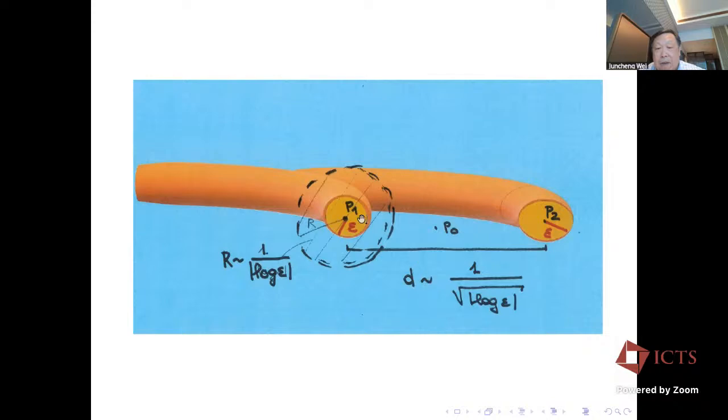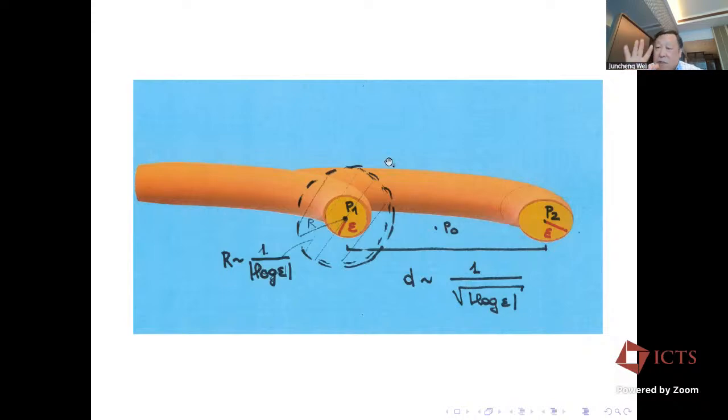In the most inner part is order epsilon, but then in the intermediate part you have 1/log epsilon, and the distance between the two vortex rings is 1/square root log epsilon.